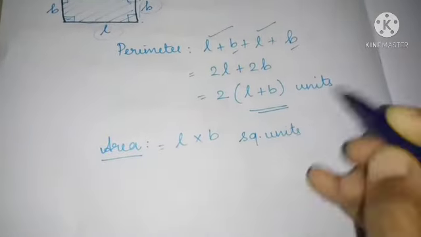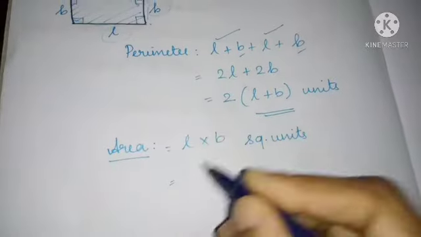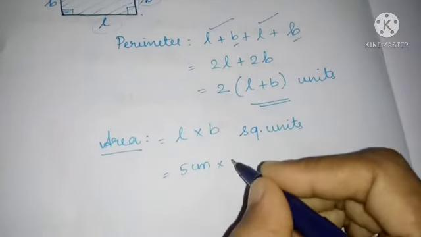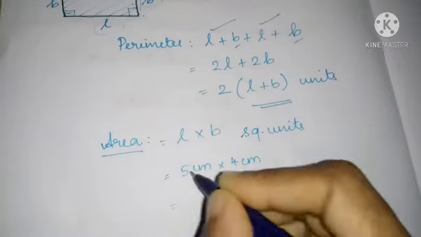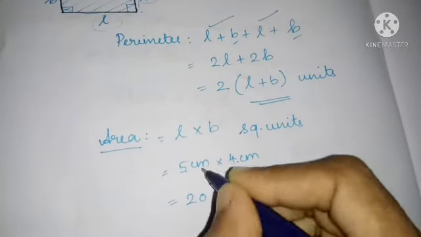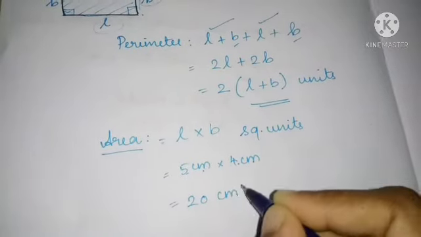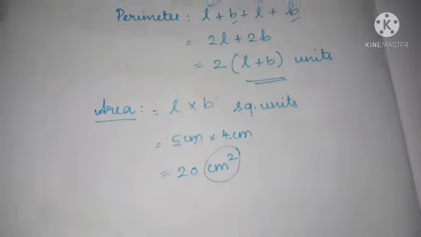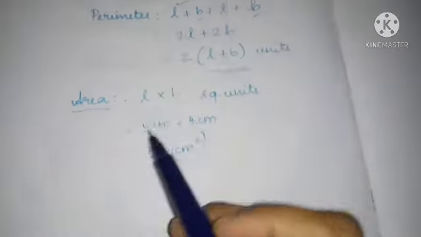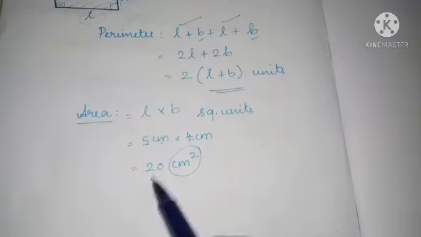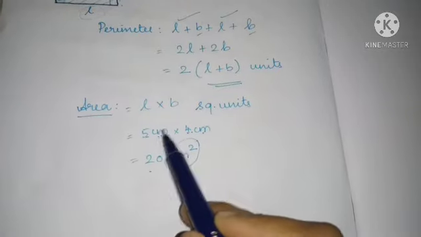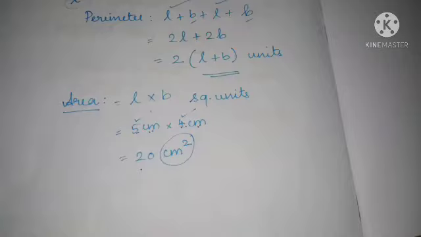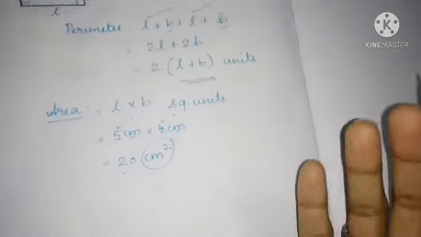square units. Why it is square units: for example, if the length is 5 centimeter, breadth is 4 centimeter, 5 fours are 20, centimeter into centimeter, centimeter square. So you are getting square units. Listen children, 5 into 4, 20, centimeter into centimeter. We are multiplying the magnitude, as you might have learned in physics.